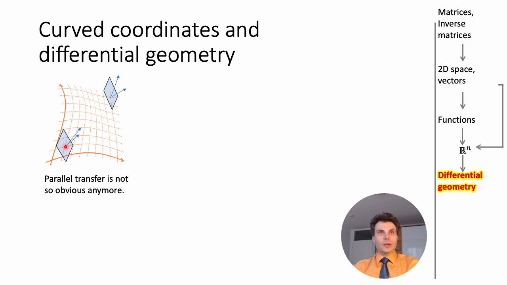In order to transfer these vectors here, we have to invent a particular procedure that maps these vectors that belong to this tangent plane associated with the space at this point to another pair of vectors that belong to another tangent plane, associated with the same space but at another point. It's not a difficult procedure, but it's a tedious procedure.